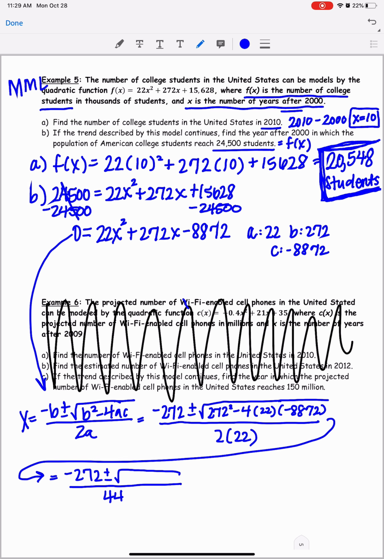You've got 272 squared minus 4 times 22 times negative 8872. Yep, we're going to get 54,720. Okay, so now split this up.